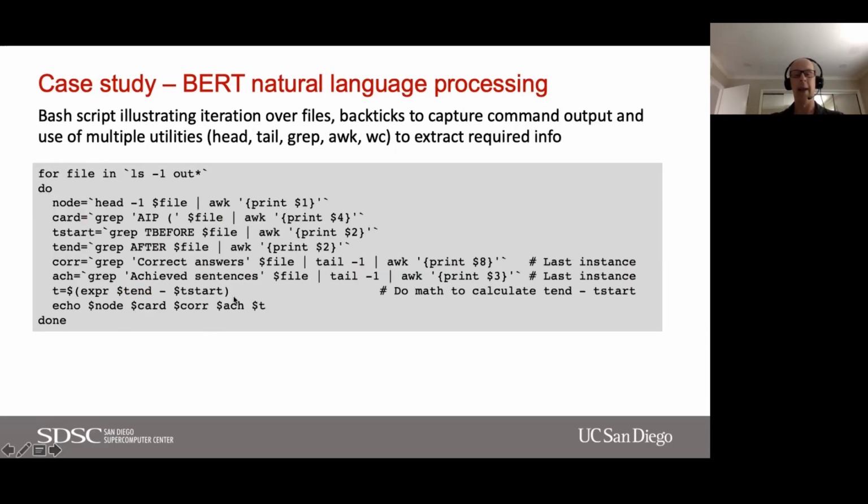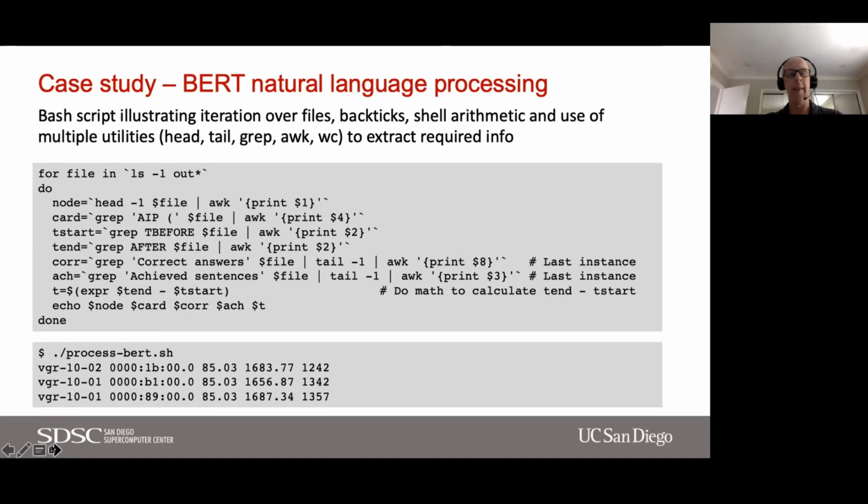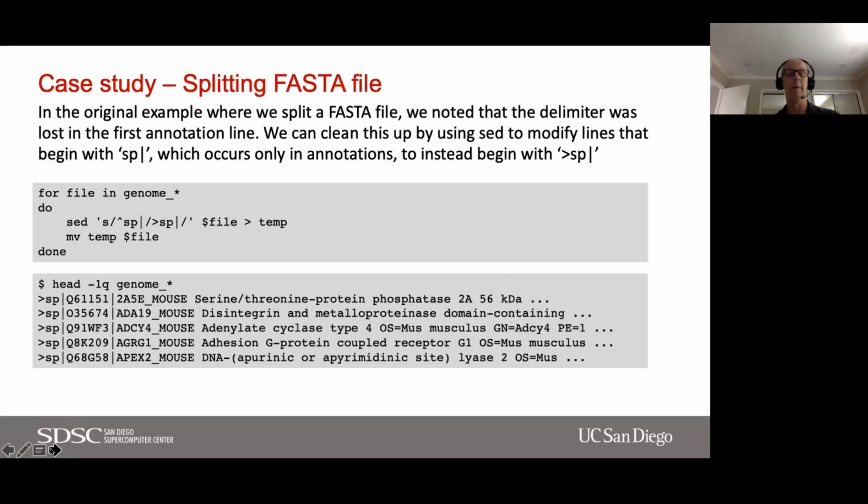And then I added in some math here to calculate the difference between the ending and the start times, and we dump everything out. Once we do that, we get a nice table listing nodes, cards, so we can distinguish between the 8 cards in each of those nodes, the percentage success, the number of sentences that we process per second, and then finally T was the runtime.